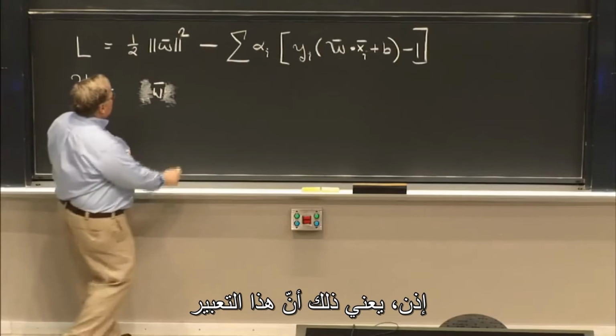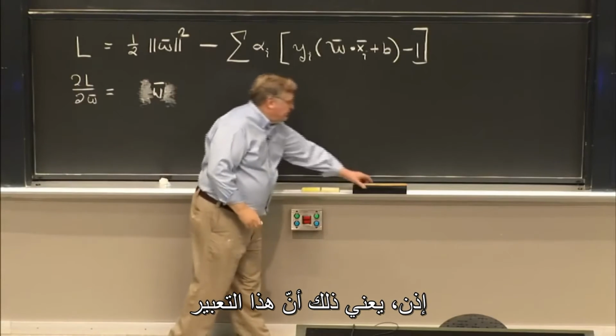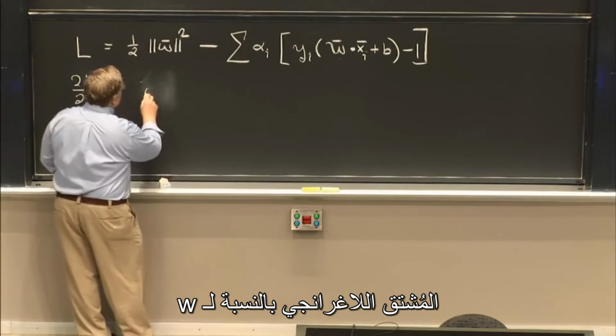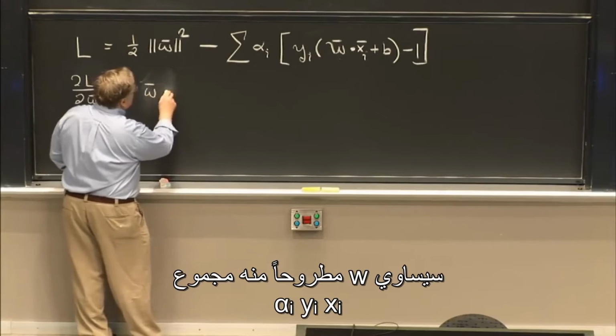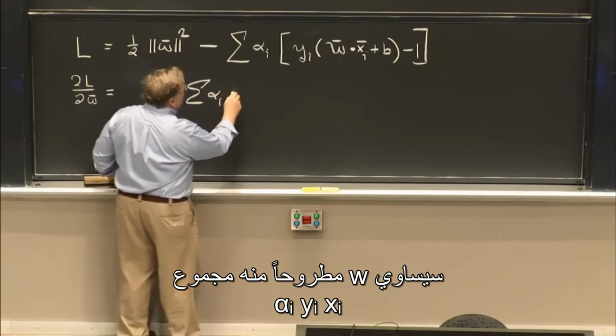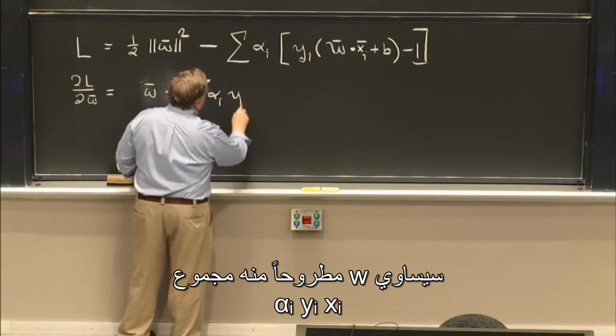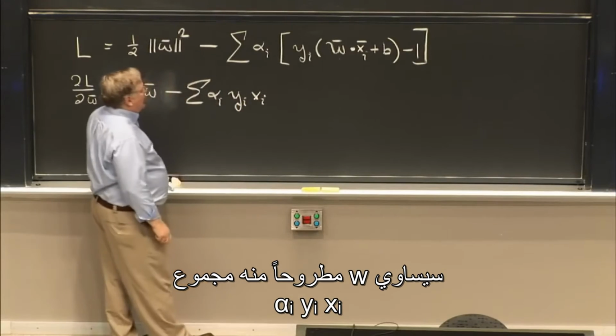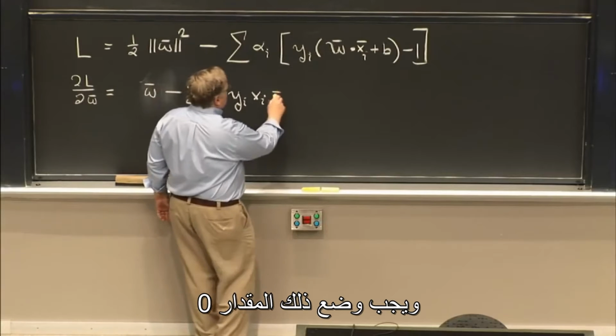Right? So that means that this expression, this derivative of the Lagrangian with respect to W, is going to be equal to W minus the sum of alpha sub I, Y sub I, X sub I. And that's got to be set to 0.